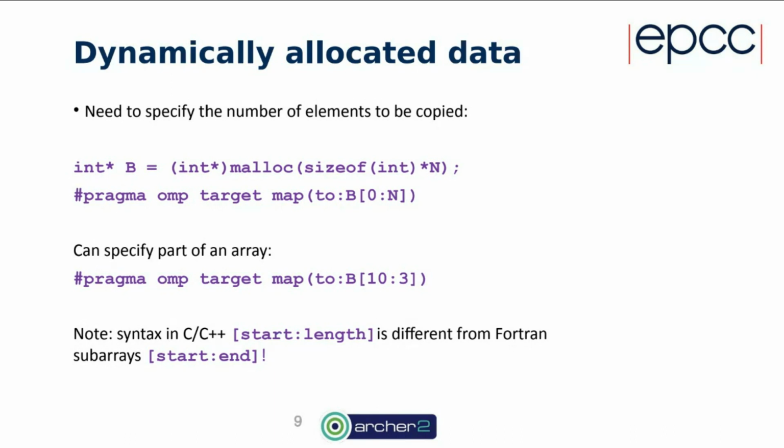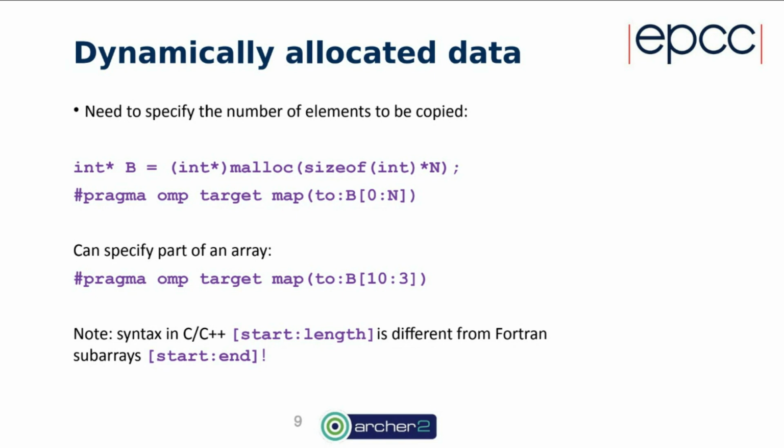Then if I want to map that storage onto the device, I have to use this square bracket syntax to tell the compiler where to start. The first element here is the starting element of the array, and the second parameter is the number of elements, so the number of words, not the number of bytes.